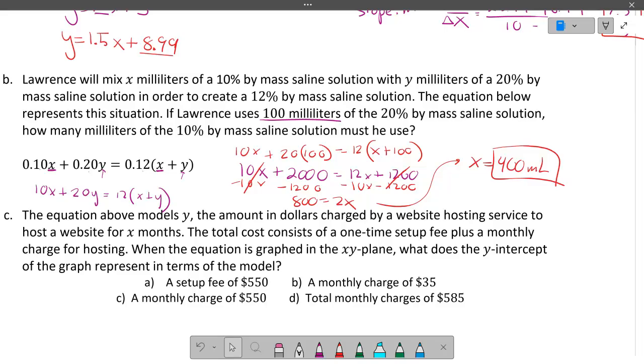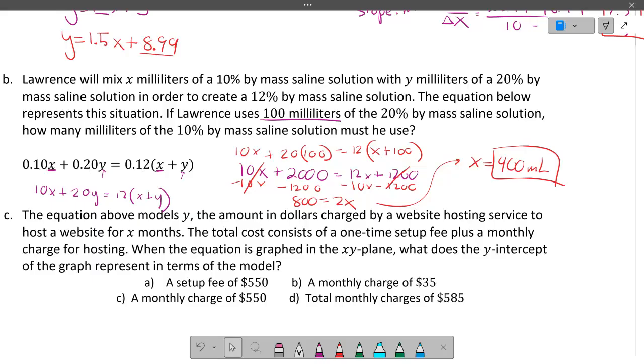Now, this is also a really useful question because sometimes they'll give you this scenario and they'll ask for an equation and they'll give you options. This is the general structure for any type of mixture problem.